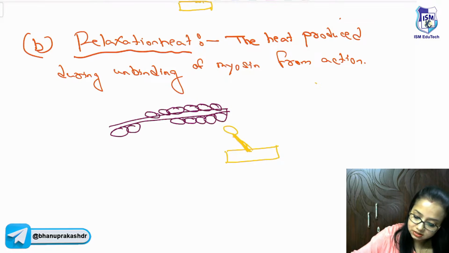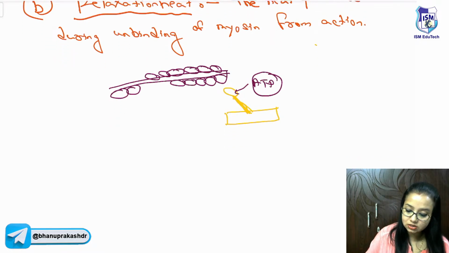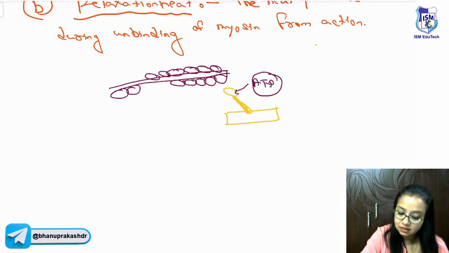Now, when this is happening, one ATP comes and binds, only then there is pulling away of this myosin from the actin. So, this also generates heat. This is called the relaxation heat.